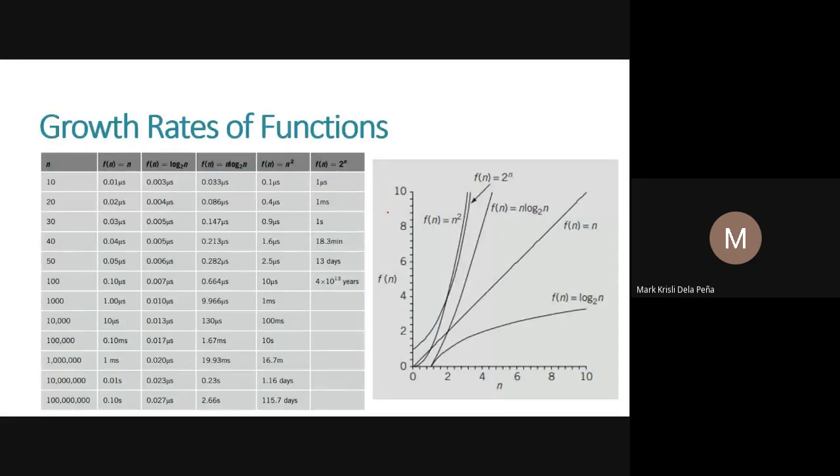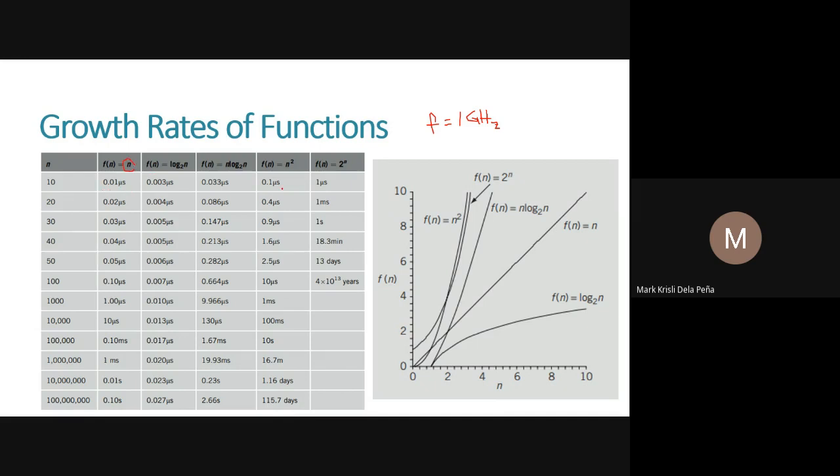Suppose that the speed of your CPU or computer is 1 gigahertz. 1 gigahertz means 1 billion operations per second. So if n is 10, with an n growth rate, that's 0.01 microsecond.